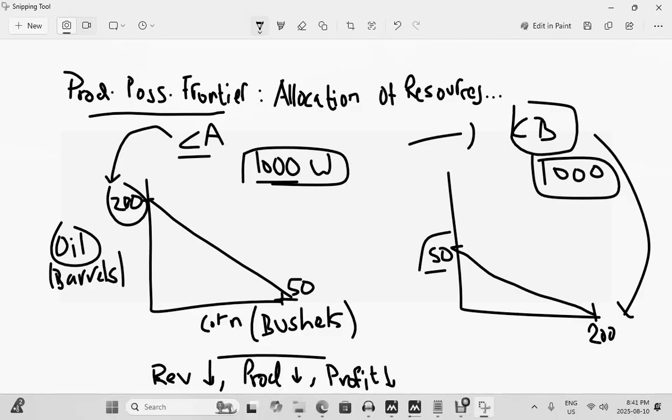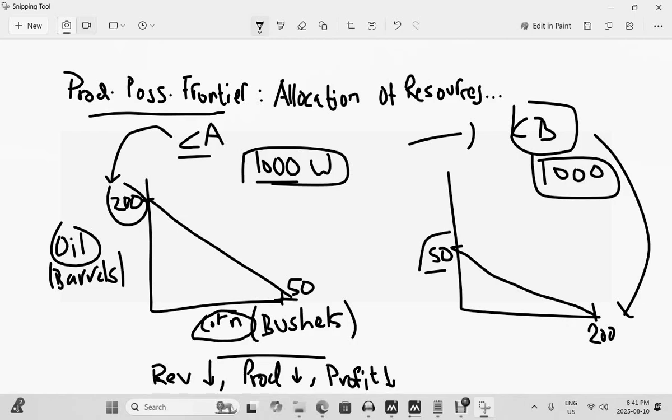However, when it comes to opportunity cost, the opportunity cost has to do with the cost of production, when it comes to giving up producing another product. So if you're producing corn, what is the opportunity cost of producing corn? What are you giving up?